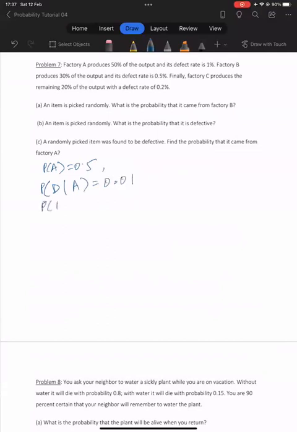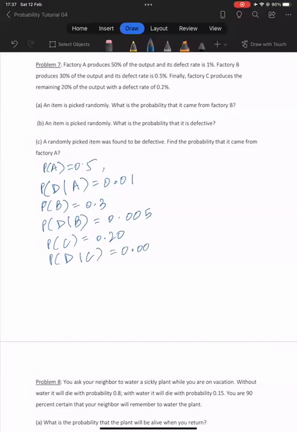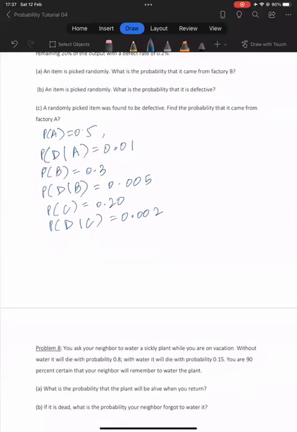Factory B produces 30%, 0.3, and defect rate is 0.5%. तो given that B ने produce करा, defect था 0.005, and finally factory C produces the remaining 20%, and then the defect rate is 0.2%, which is 0.002. An item is picked randomly. What is the probability that it came from factory B? Acha, isme to we don't even have to solve. It's given in the question already.